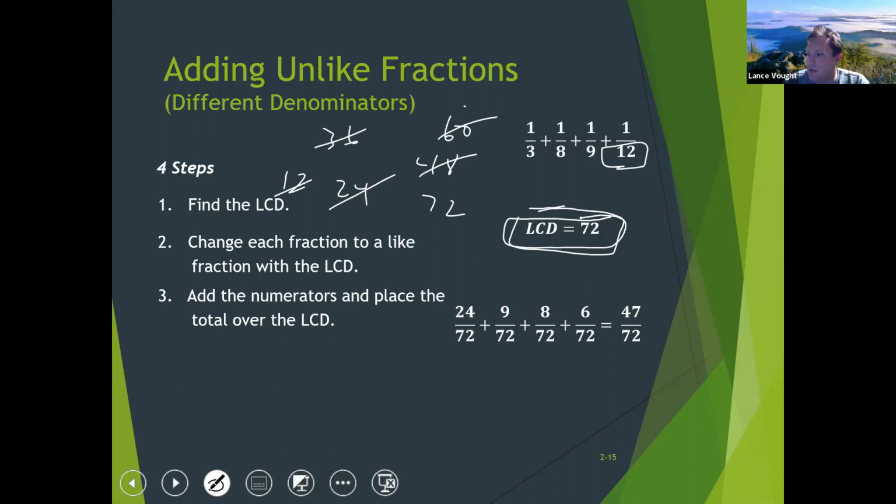How much do we scale this up by? 24, so we end up with 24 over 72. 8 times 9 is 72, so this becomes 9. 9 times 8 is 72, so this becomes 8. 6 times 12 is 72, so this becomes 6. So we get 24 plus 9 is 33, plus 8 is 41, plus 6 is 47 over 72.